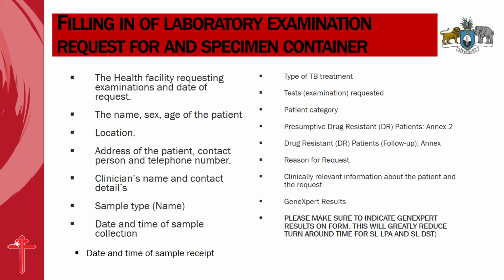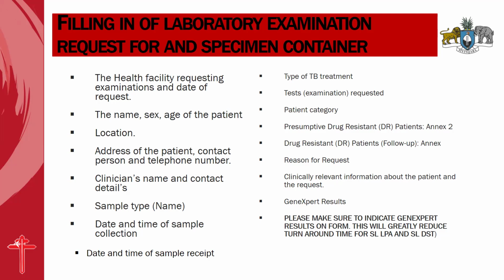For the sample type, you can say sputum, or if it's stool, you say stool. Then we have the date and time of sample collection, the date and time of sample receipt, and the type of TB treatment if it's a follow-up. The tests requested should be clearly marked, as well as the patient category, presumptive TB or drug resistance, then the reason for request and clinically relevant information.